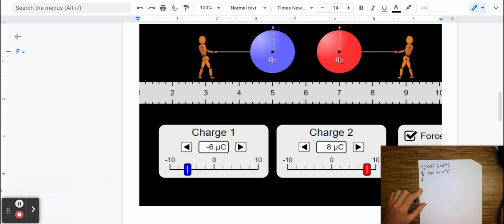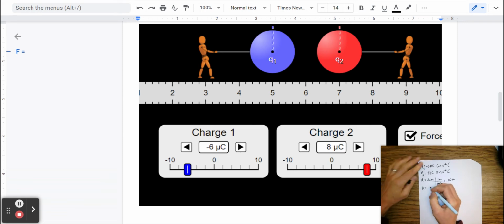My distance is how far apart they are, that's equal to 2 centimeters. Converting that to meters, it's 100 centimeters per meter, so that's 0.02 meters. My K is always 9 times 10 to the ninth newtons meters squared per coulomb squared.